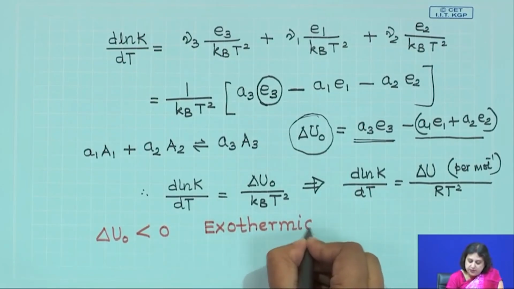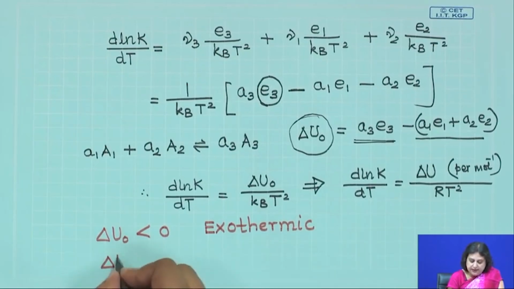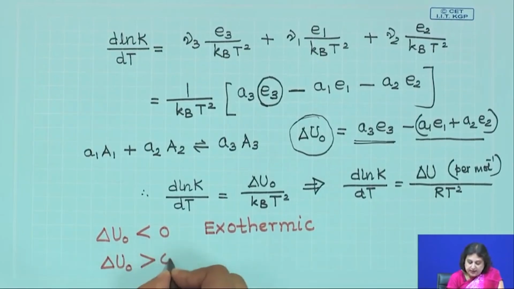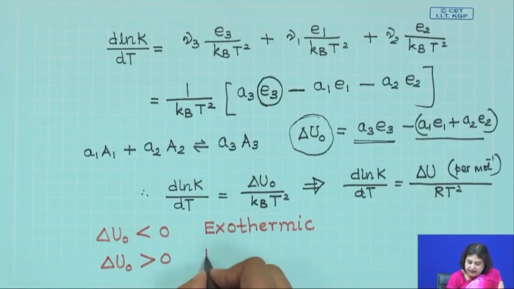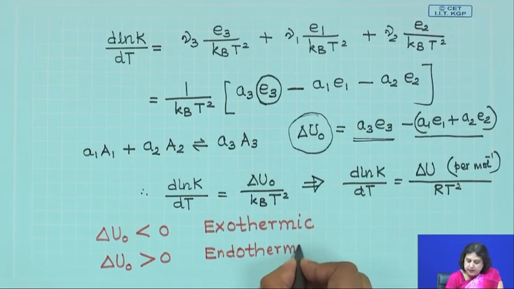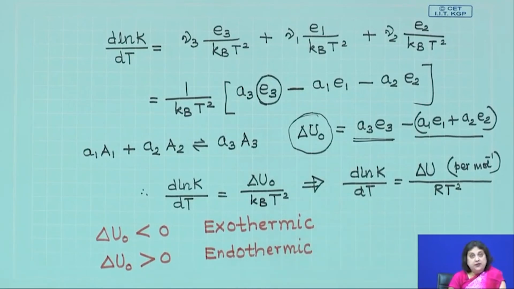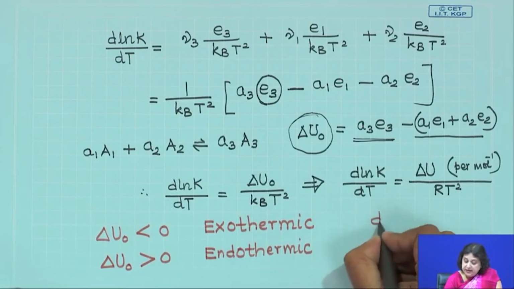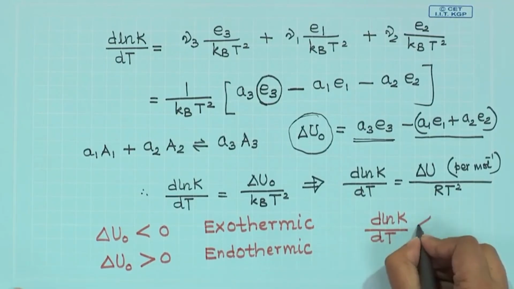Or it may so happen that delta U naught is greater than 0; in that case, I am talking about endothermic reactions. So, if I have an exothermic reaction, then d ln K/dT is less than 0.